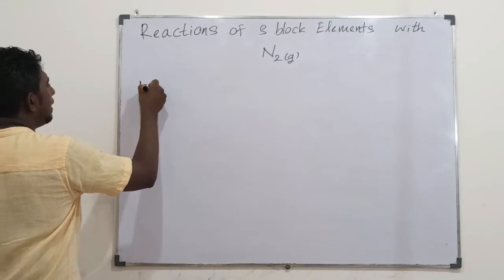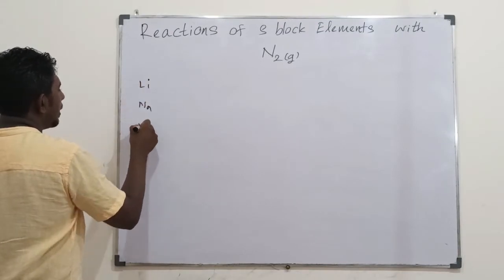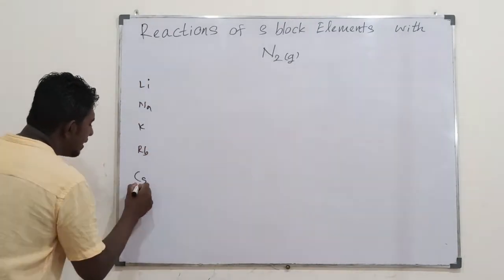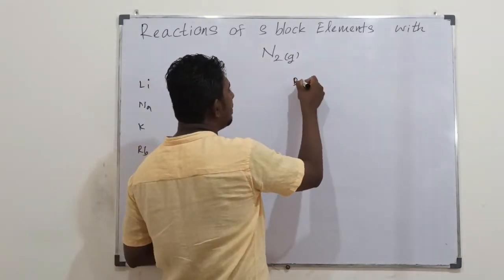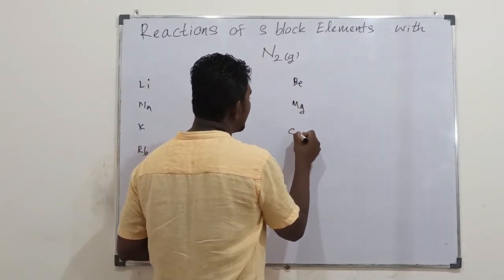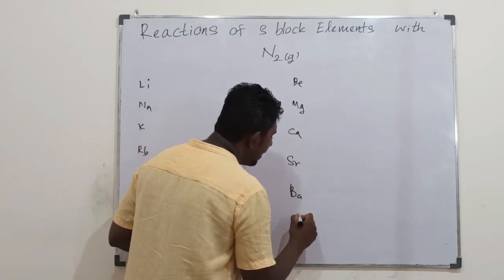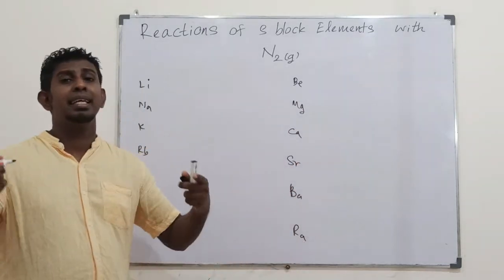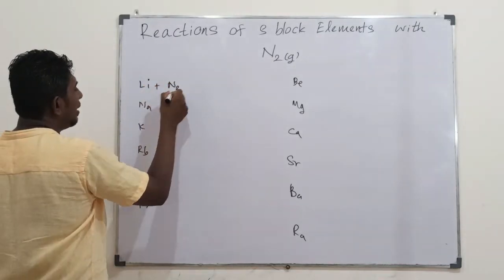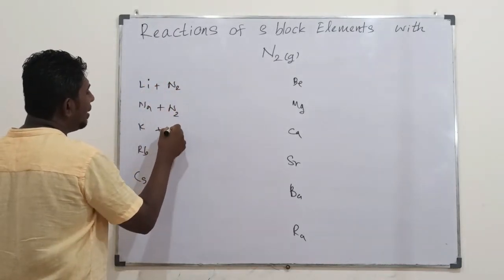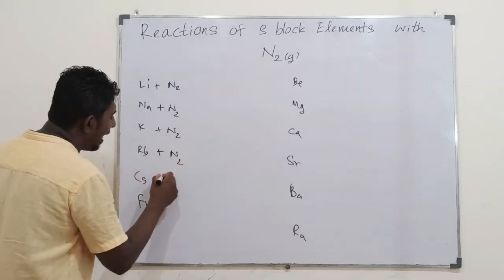If they do react, first group elements lose 1 electron, second group elements lose 2 electrons. So it is lithium, sodium, potassium, rubidium, cesium, francium under first group, and beryllium, magnesium, calcium, strontium, barium, radium under second group. Then we are going to take a look at their reaction with nitrogen, N2 gas.